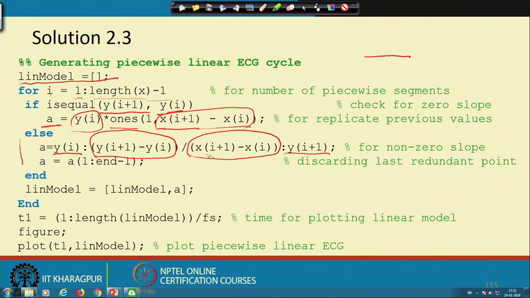Okay. So, with the help of that we put that ramp in this variable a, and at the end we put one more sample because we are not going till the end.